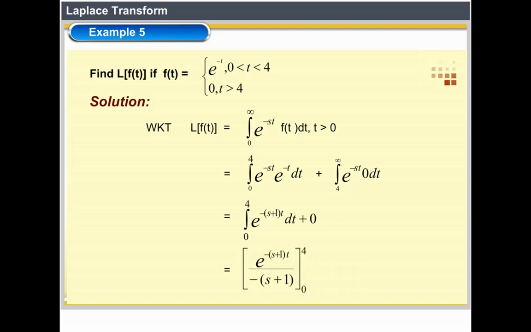Then using the integration formula, e power minus of s plus 1 into t divided by minus of s plus 1 with the limit 0 to 4, we get 1 by s plus 1 into 1 minus e power minus 4 into s plus 1.